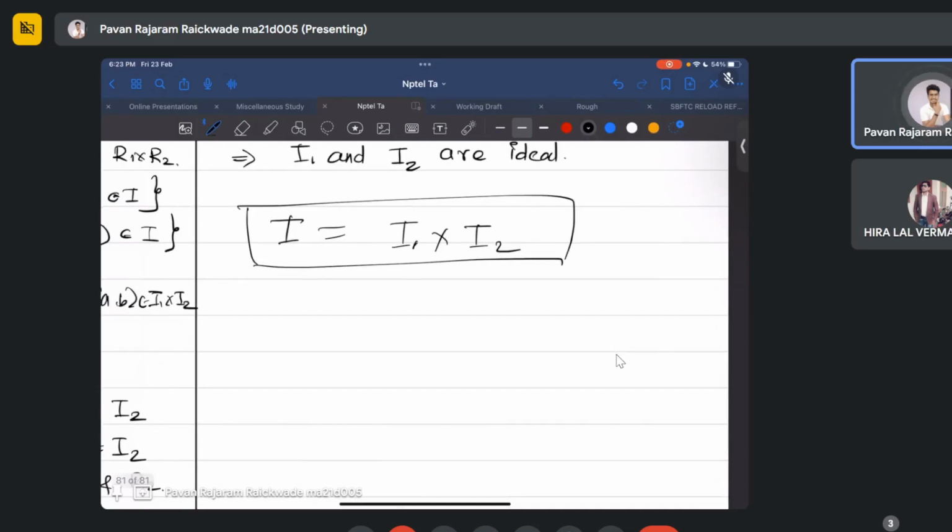Okay, let's say the question is: let R be a finite non-zero commutative ring with unity.